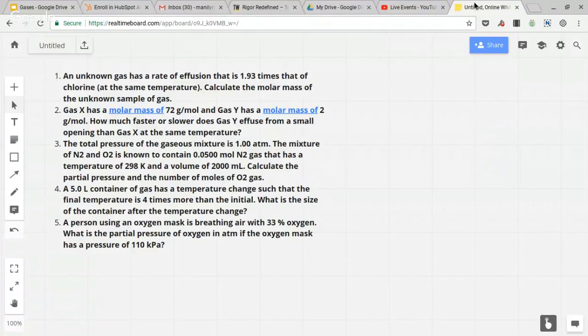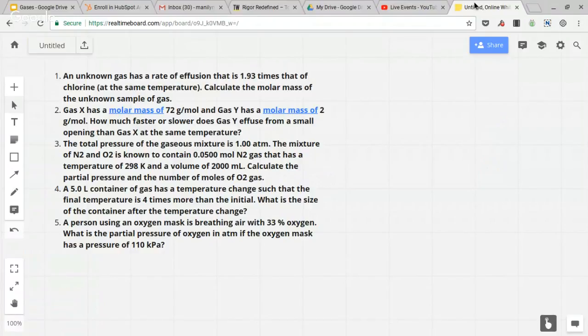So again, the technique is to read and analyze the problem thoroughly and identify the variables you're given. From that, you can figure out the right mathematical equation about that gas law that you need to use.